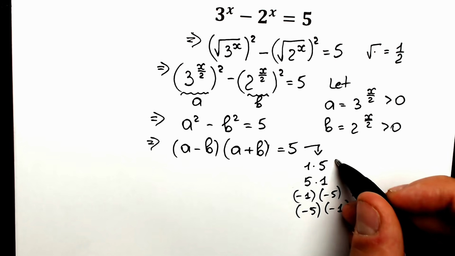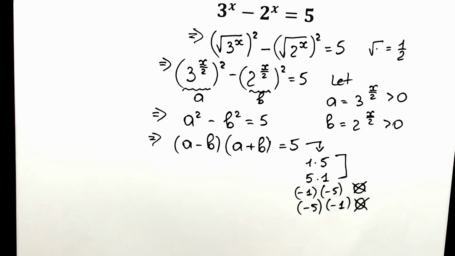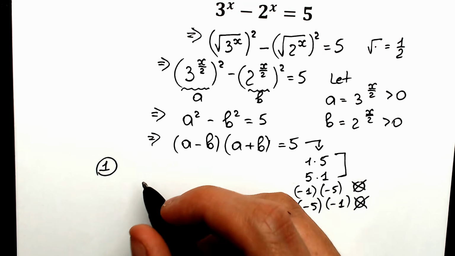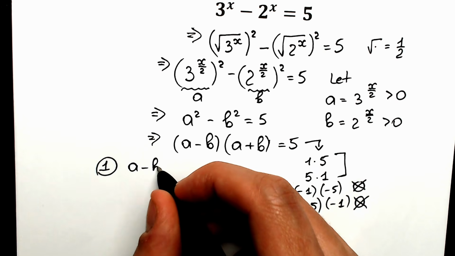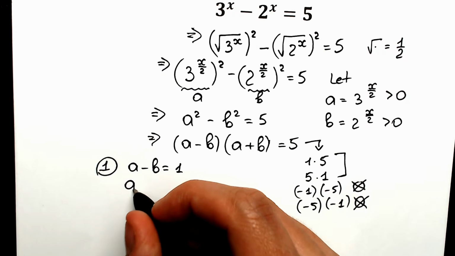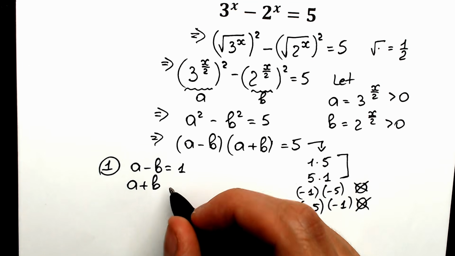So we need to solve only two systems of equations. Our first system looks like that: a minus b equal to 1, and a plus b equal to 5.